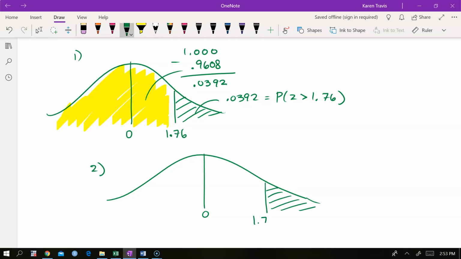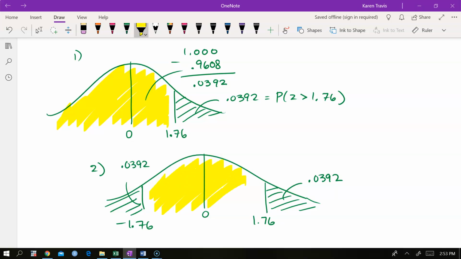If this was 0.0392, then without even using the table, I can realize that that side has to be exactly the same. So if I'm interested in this problem, what's the middle here?